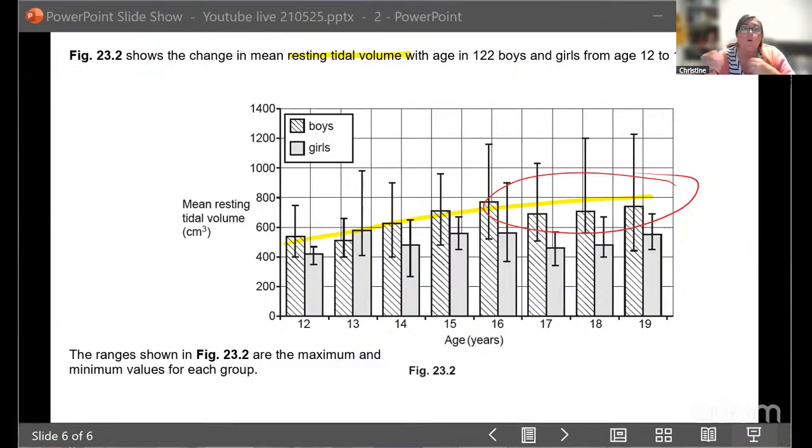When we're looking at, for example, the ranges, it's important to note how huge that range is. Look at how huge that range is. The boys' range is so much bigger than the girls', except when we're looking at 13 for the girls. The girls' range is much smaller, except at the age of 13.